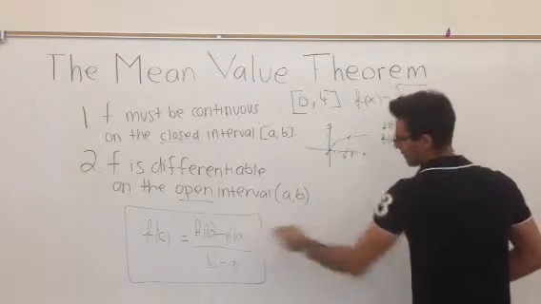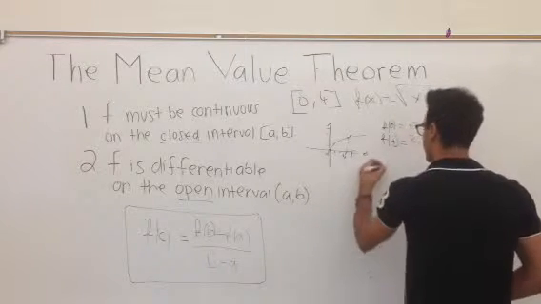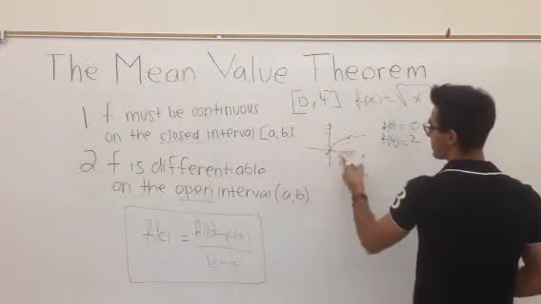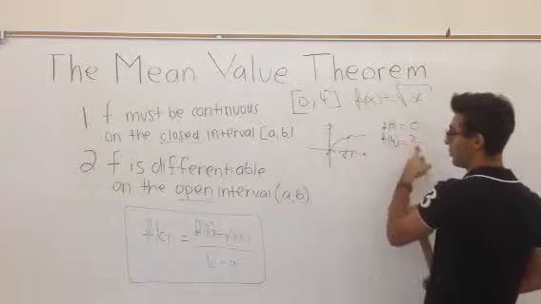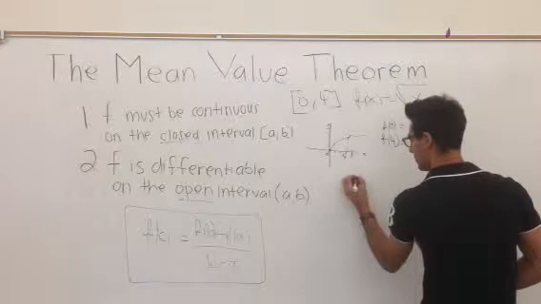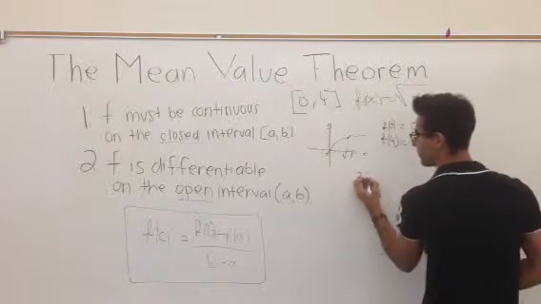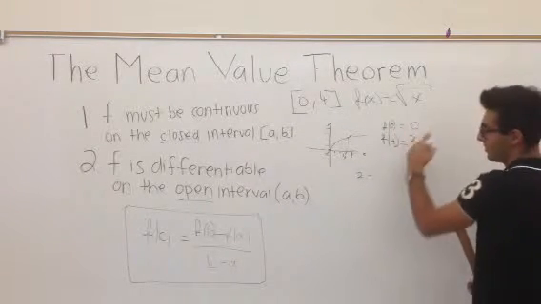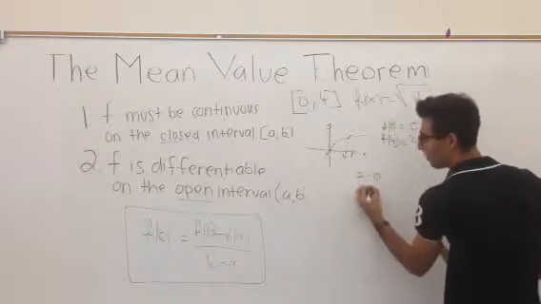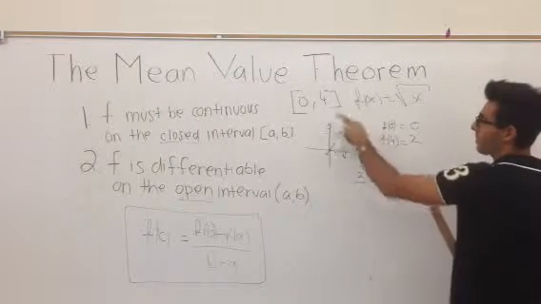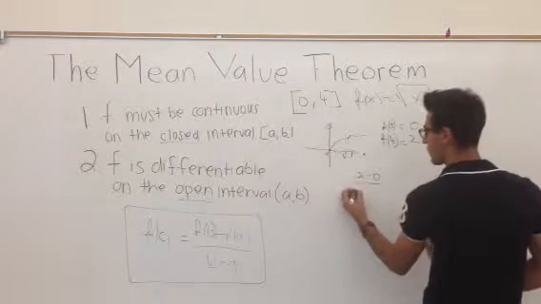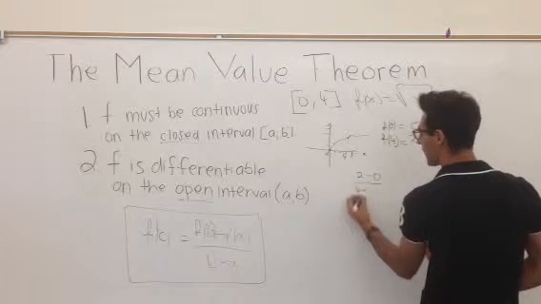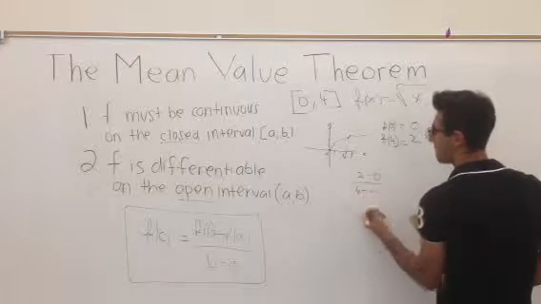So let's write it down in this way. We say our f of b, which is our f of 4, which is 2, subtracted by f of a, which is f of 0, which is 0, all over b minus a. Our b is this, our a is this, so it's 4 minus 0.